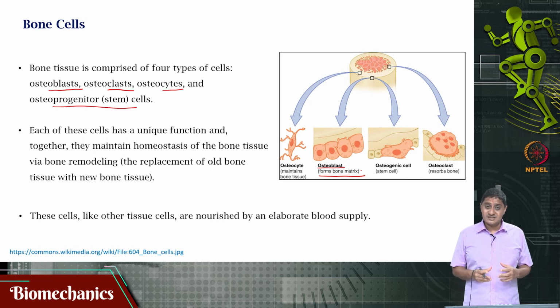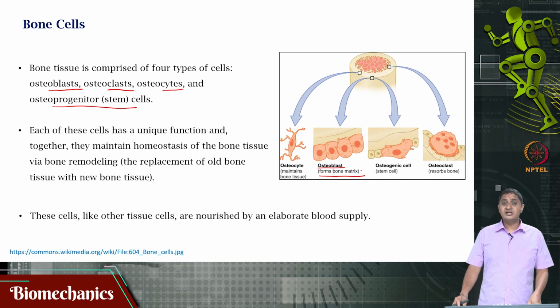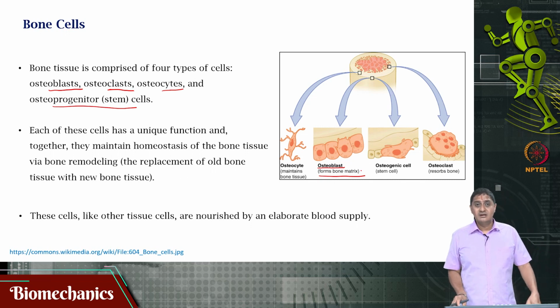So, osteocytes are osteoblasts that are fully surrounded by the material that they secrete. These, and the material that they are surrounded with, form a very large proportion of the bone tissue.